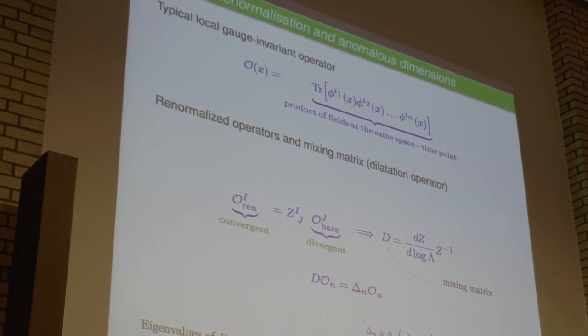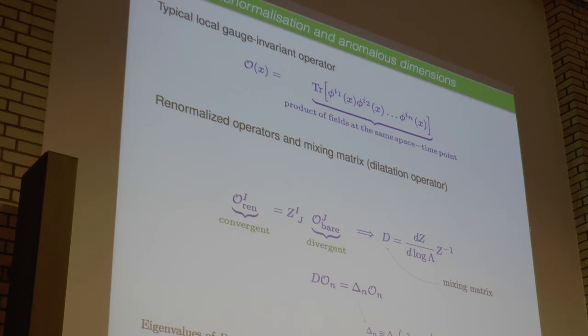Composite fields are fields which are built up from elementary fields of the N=4 theory, that means from 6 scalars, gauge field, covariant derivative, and so on, in such a way that these composite fields are products of elementary fields taken at one and the same space-time point. These products must be gauge invariant, because gauge invariant quantities are the only observable quantities in this theory. A typical example of such an operator could be given by the product of scalar fields taken at the same space-time point.